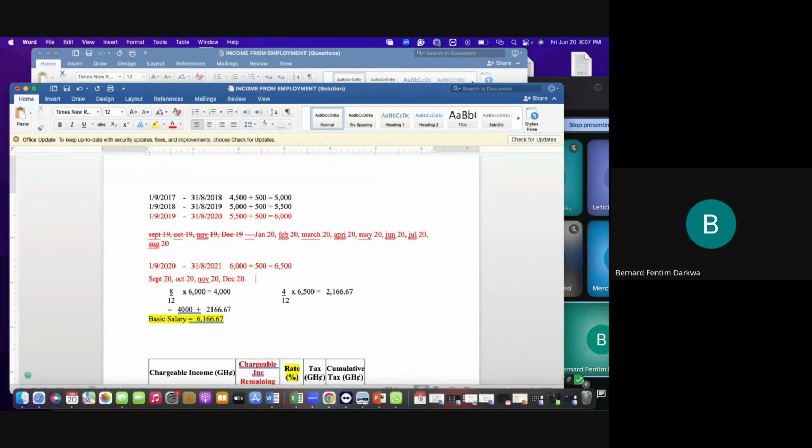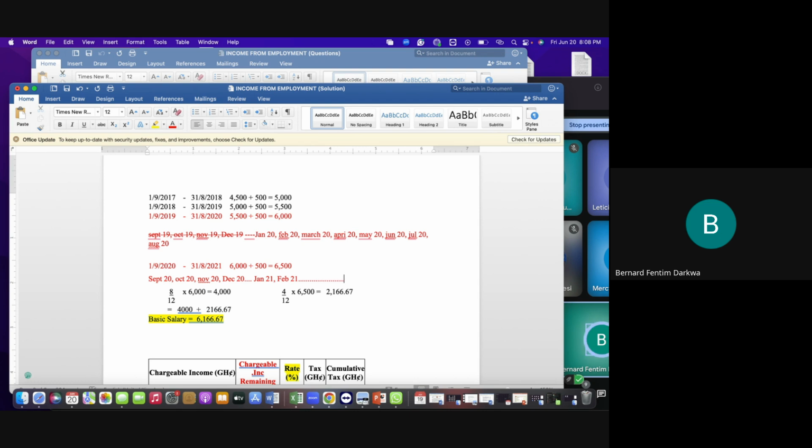Then from here we go to where? We go to January 2021. And you go to February 21. And also because it will go like that to where?